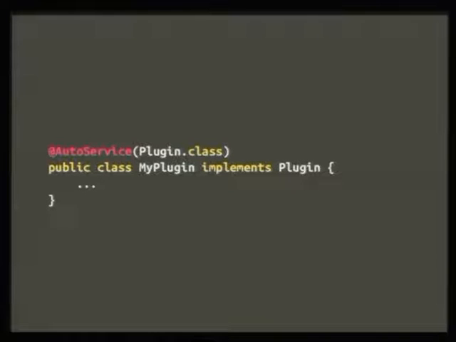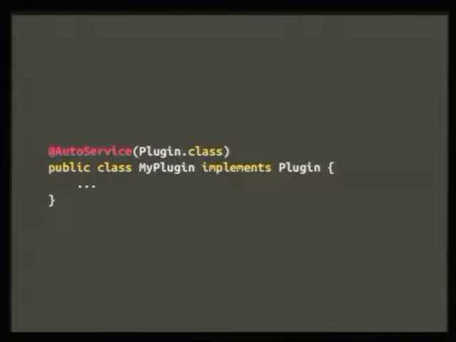If you're familiar with the Java notion of service loader, you know that you have to write a file whose name is an interface name, and its content is a set of implementing classes, which is, to say it nicely, boring. So you can have an annotation that will generate the service loader file for you.